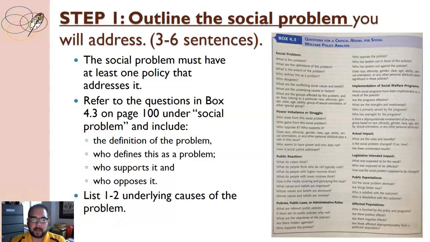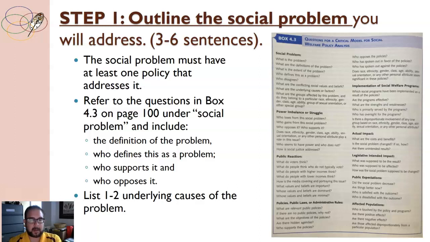So what we mean by underlying causes of a problem, let's think about the March of the Bonus Army. So the Bonus Army was marching in order to get an advance on a bonus that was supposed to be paid out in 1945.